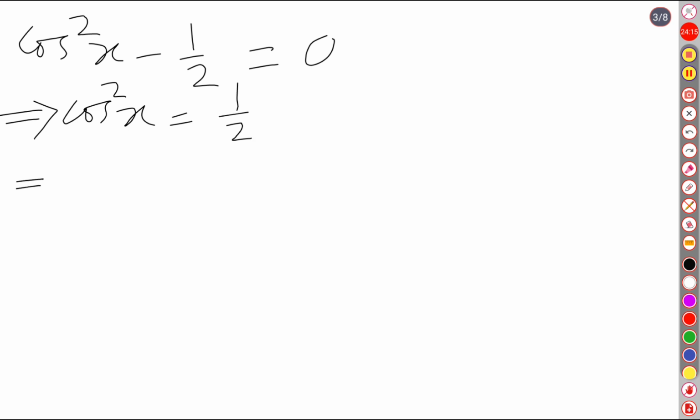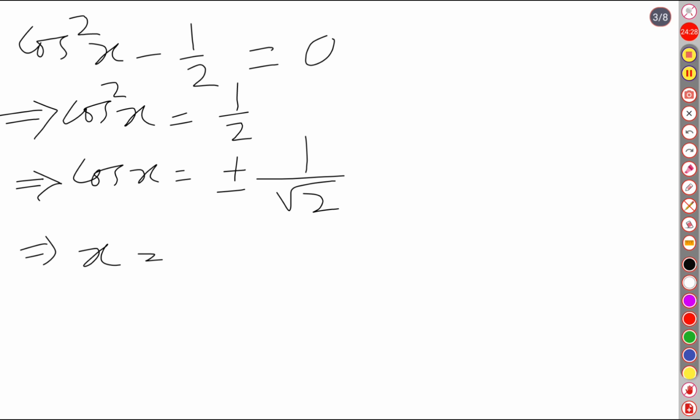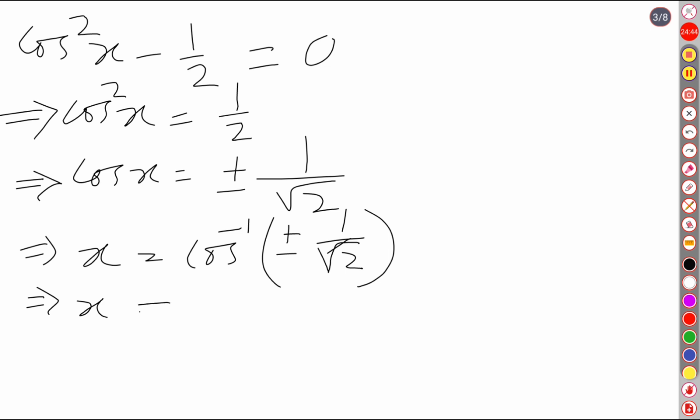And whenever this is a square term, cos x is equal to positive as well as negative 1 over root 2. And our x is going to be cos inverse of positive as well as negative 1 over root 2.